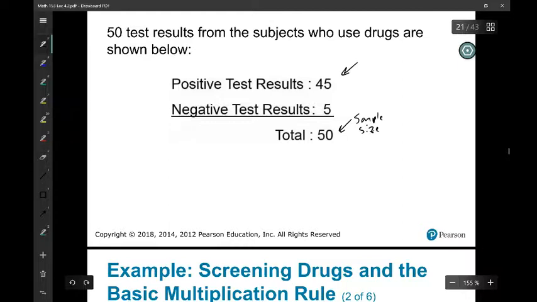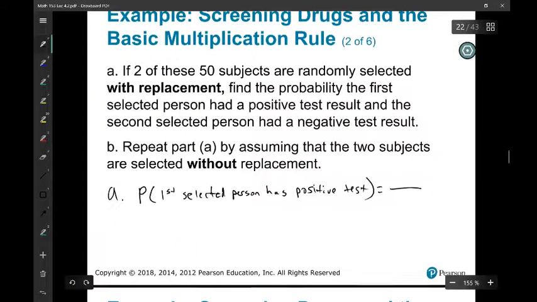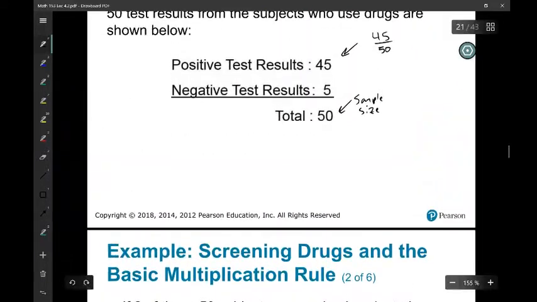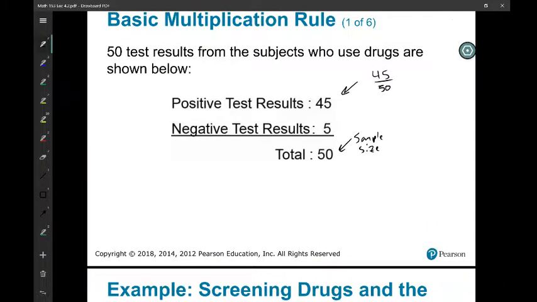So 45 over 50 would be the probability of selecting someone with a positive test result. Now, if we were to put that person back into the sample space and then randomly select someone again, it would be possible to select that person again. So on our second trial, we still have 50 people that we can choose from, and the probability of getting someone with a negative result would be 5 out of 50.